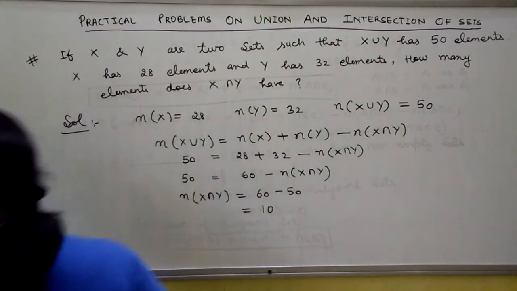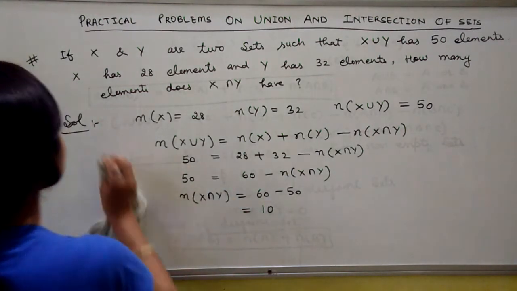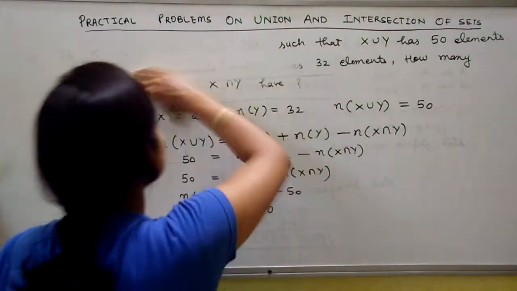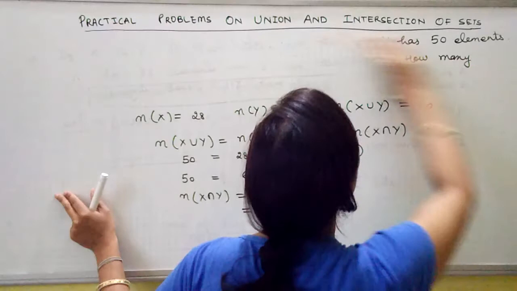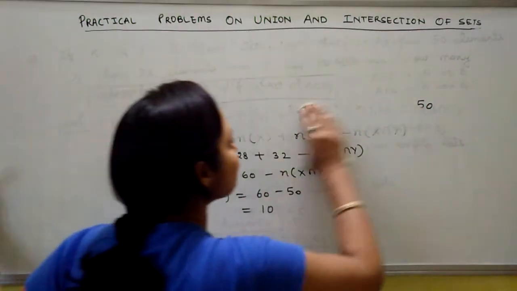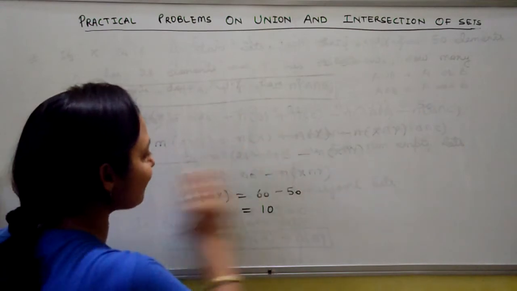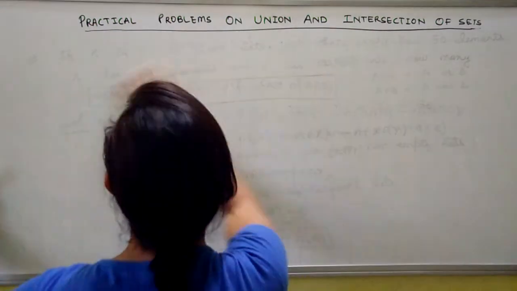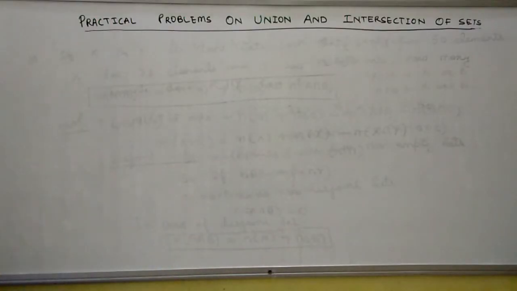One more question. I will do one more question from your NCERT. That is exercise 1.4. First I will write the statement from the book, then I will solve that question.